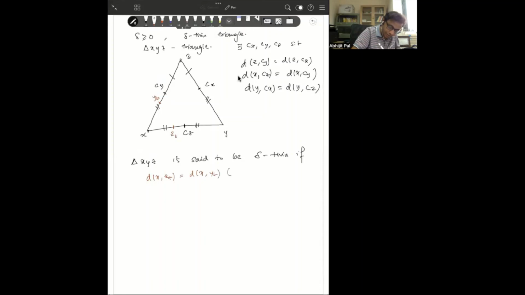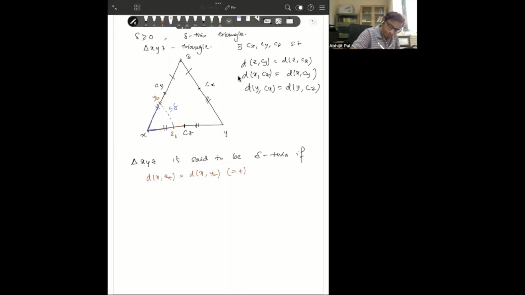This T you can take to be equal to T. So this ZT lies between X and CZ, and YT lies here, such that these two distances from X to ZT and from X to YT are the same. So this is delta thin if this distance is less than or equal to delta.